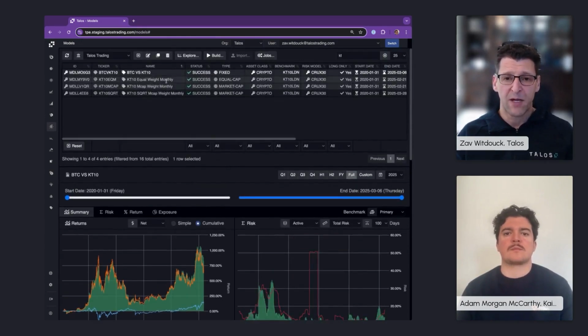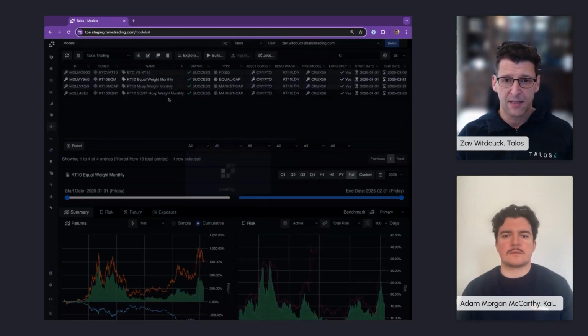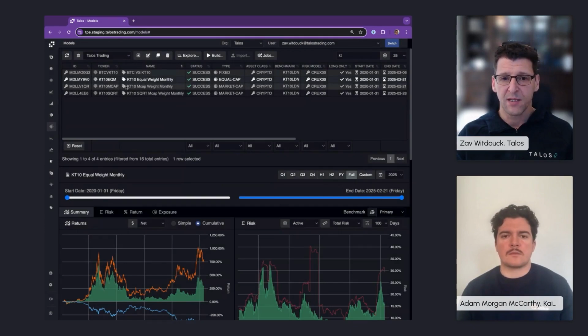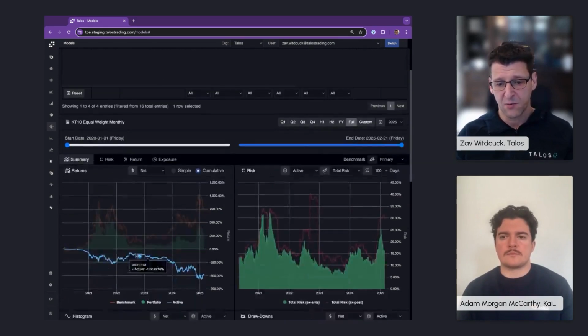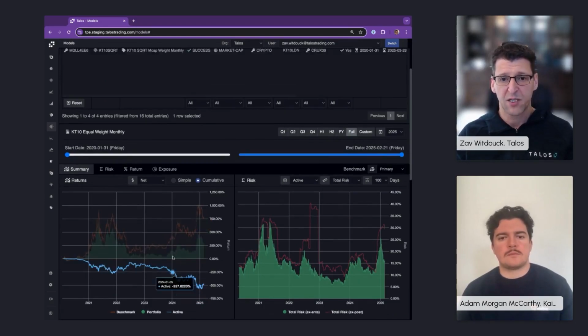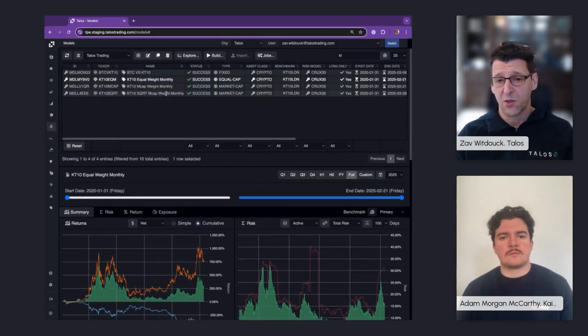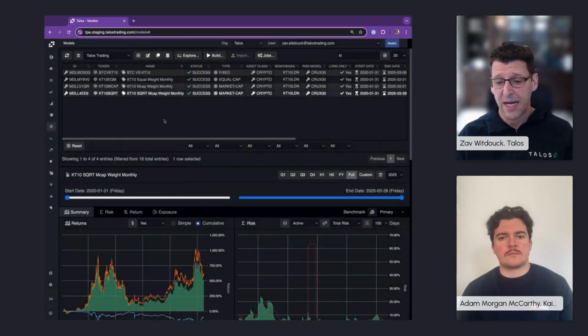But one of the things that we found interesting here is that we took the 10 constituents of the index and generated an equal weight model, which rebalanced on a monthly basis. And we showed here that the KT10 index significantly outperforms an equal weighting strategy. We also took the square root of market cap.